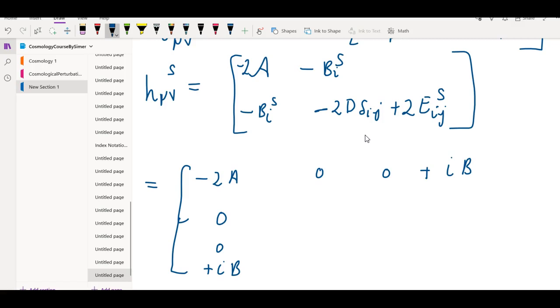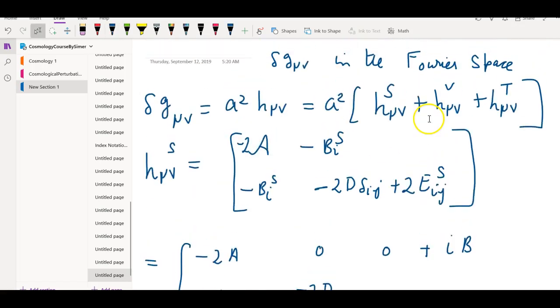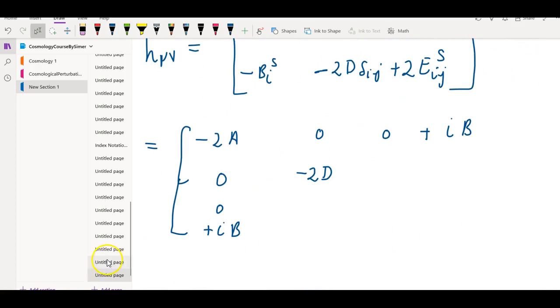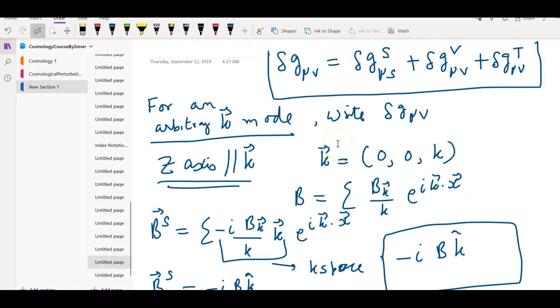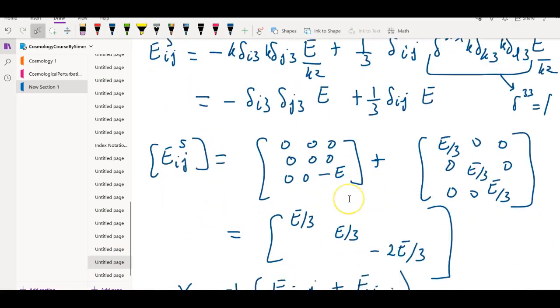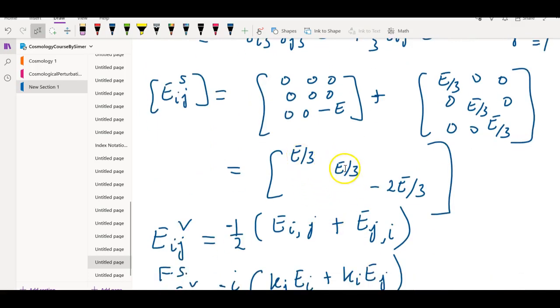Now next we have the component here, minus 2d plus 2eij scalar. What is eij scalar? Eij scalar is e by 3, minus 2e by 3.